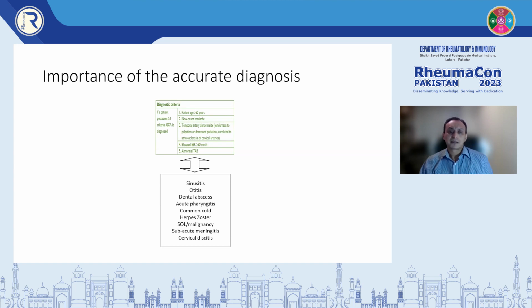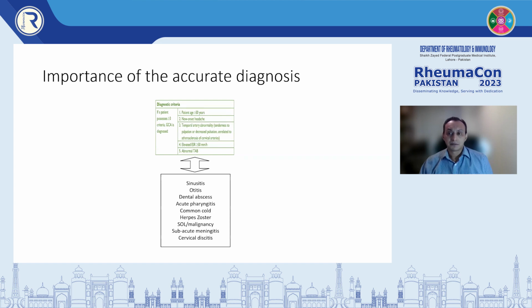So these classification criteria essentially are not a very useful tool. They may be a good screening tool, but when you are sitting in a specialist clinic, they do not help you in making an accurate diagnosis. The result is that you may end up underdiagnosing or overdiagnosing patients.